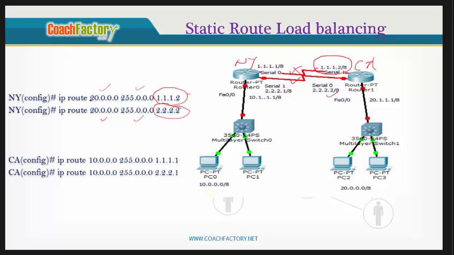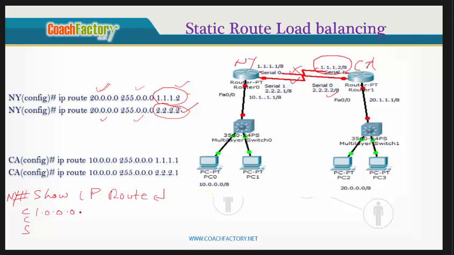Now what's happening? The router knows that in order to reach this 20 network, it can go via 1.1.1.2, or it can also go via 2.2.2.2. If you give the command show ip route on the New York router, you are going to see this.